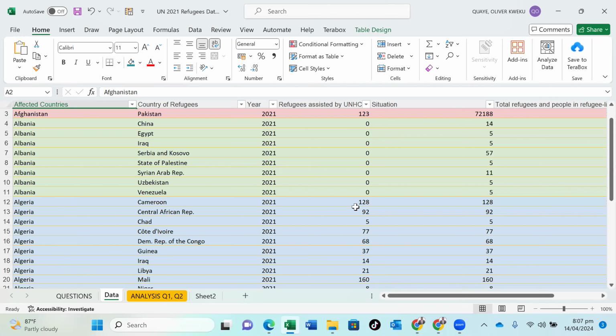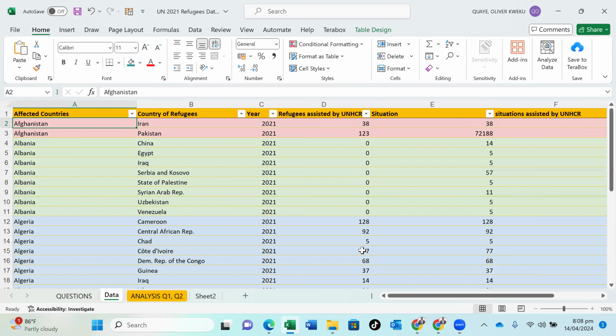Algeria, where we have 128, 92 over here. And we have so many people over here. How are you going to do it? It's going to be very difficult. From the video I sent, we only had just a few questions to be answered. But this, we have so many columns and rows that we cannot do it manually. So we need to automate our analysis.